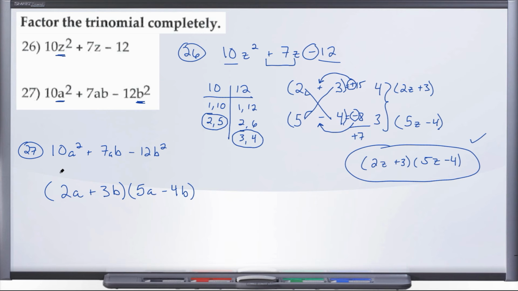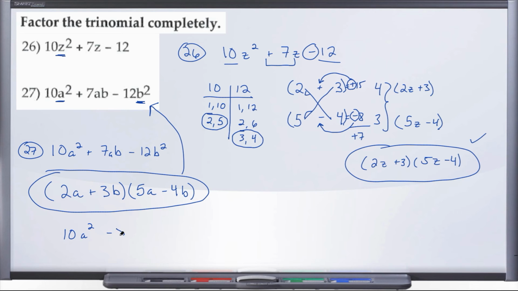All right, so let's go ahead and FOIL this out just so you can see that we do in fact get back to the original trinomial that we started with. So 2a times 5a, well, that gives us 10a squared. 2a times negative 4b gives us negative 8ab. 3b times 5a gives us plus 15ab.